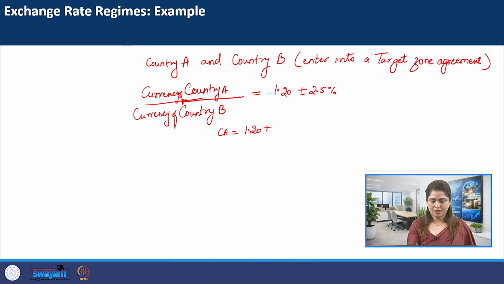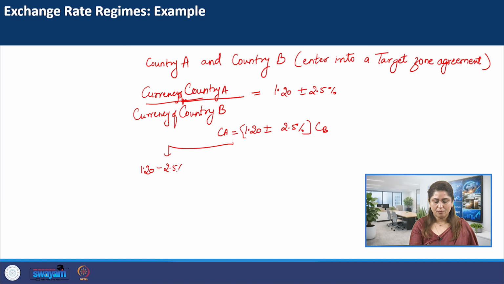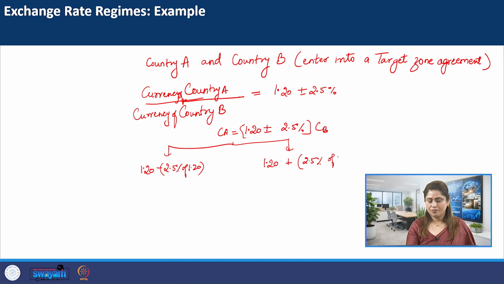Fine. That means currency A is equal to 1.20 plus minus 2.5% of currency B, which means 1.20 minus 2.5% of 1.20 and the other is going to be 1.20 plus 2.5% of 1.20.